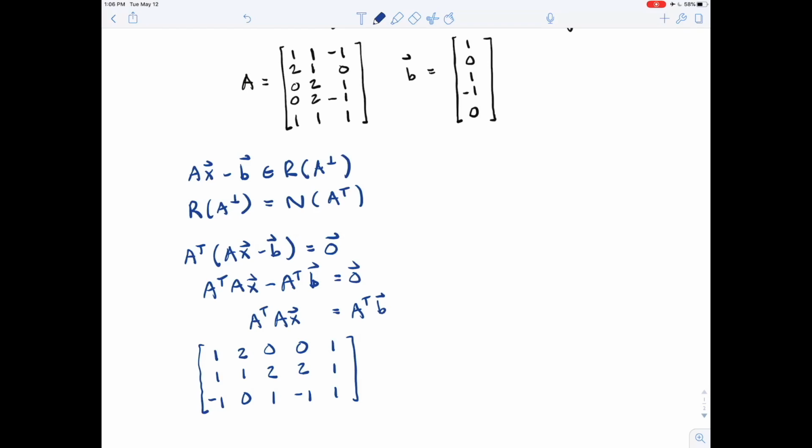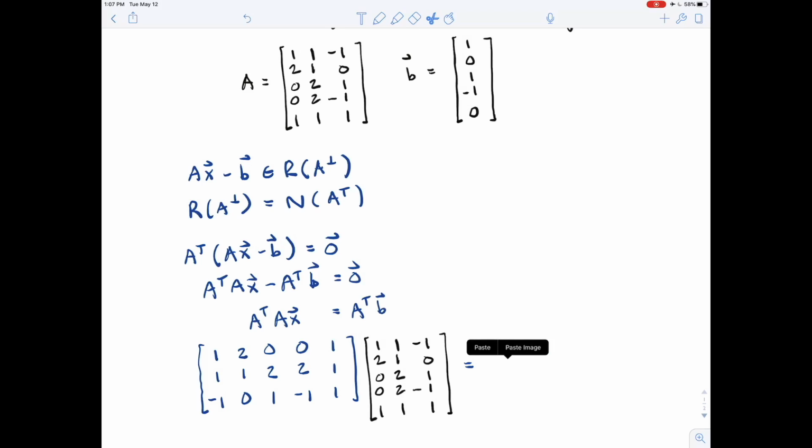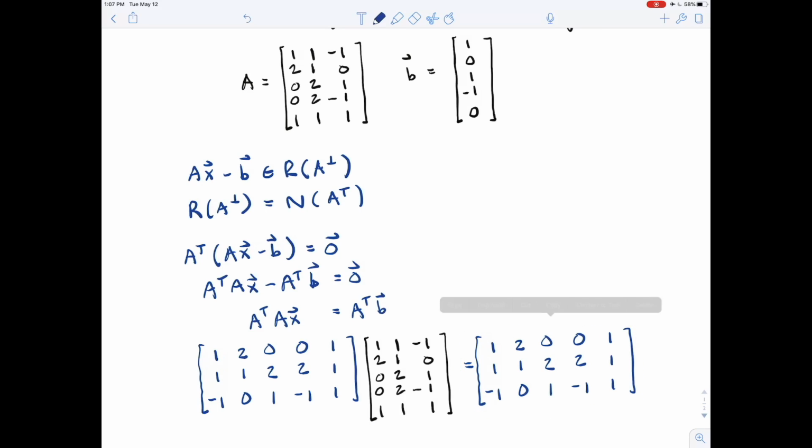We're going to multiply this by A, and if you don't mind, I'll just copy A. And that's going to equal our A transpose, and again, I'm going to be lazy and just copy it, times our vector b.